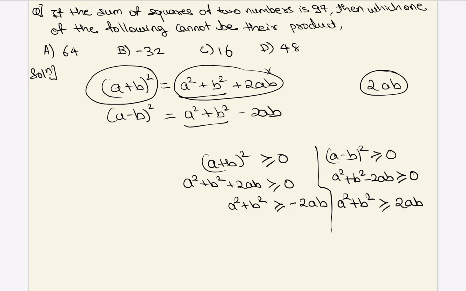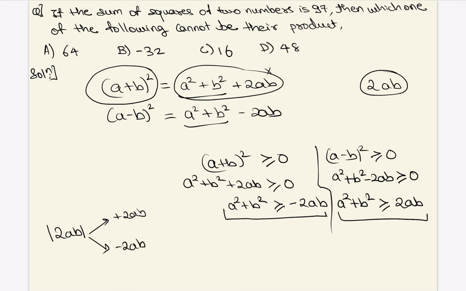Okay, now when we look at this, we can identify one thing. If I say modulus of 2ab, then this will be opened up into plus 2ab and minus 2ab, right? So can I not say that a square plus b square has to be greater than or equal to mod of 2ab? I can say that.